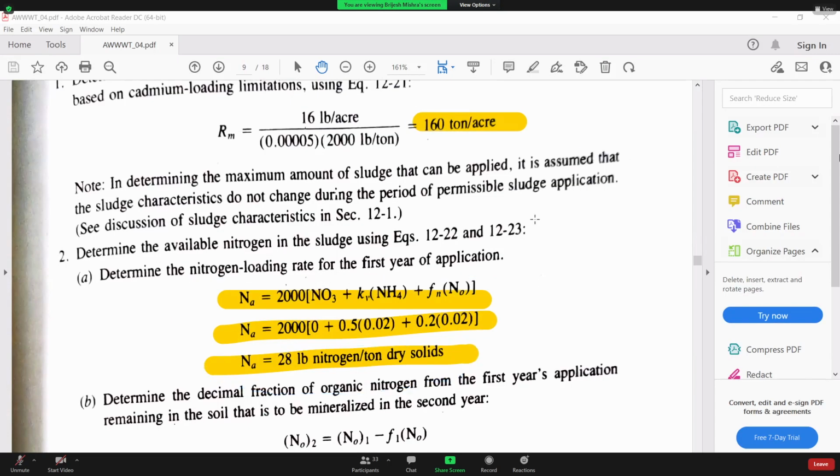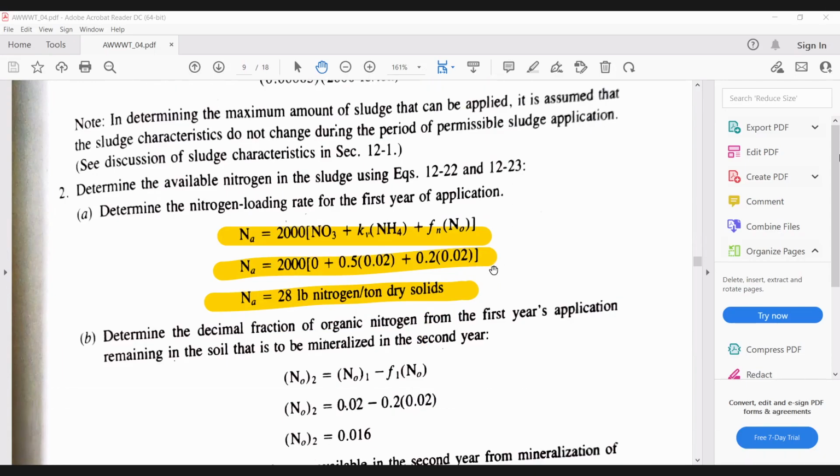So we are going to get the nitrogen from the previous year's data. How are we going to calculate? The simple formula, which we already used. Determine the decimal fraction of the organic nitrogen from the first year application. First we calculate it based on the percentage, so it is quite easy to calculate for the next year or the year after.